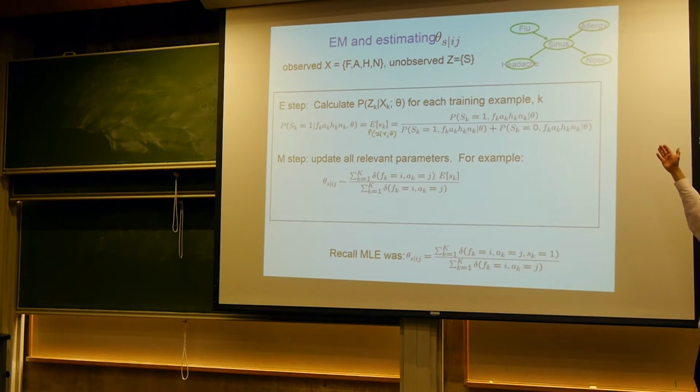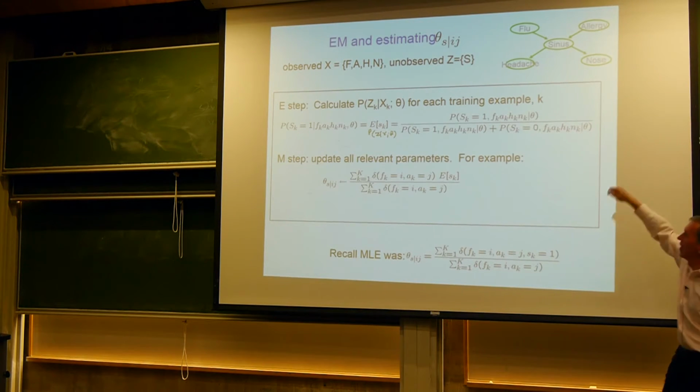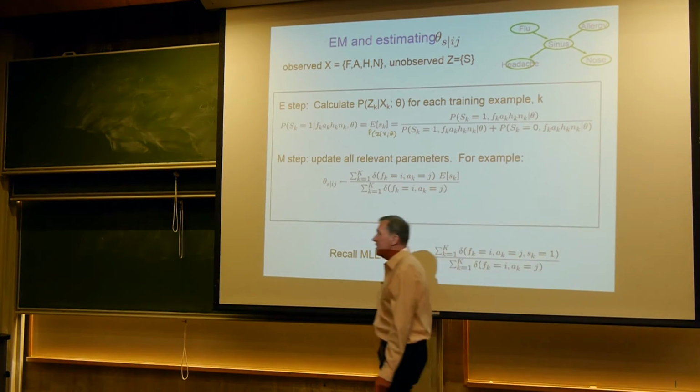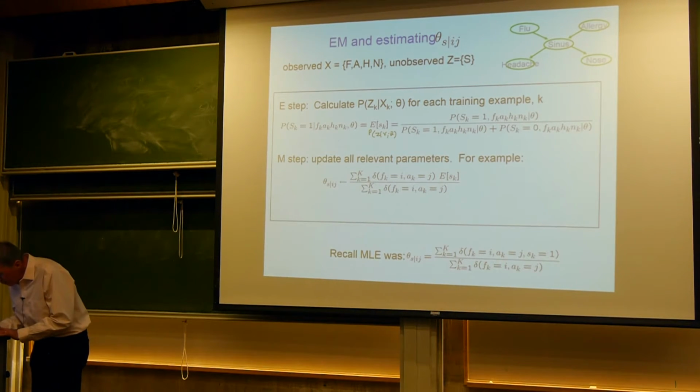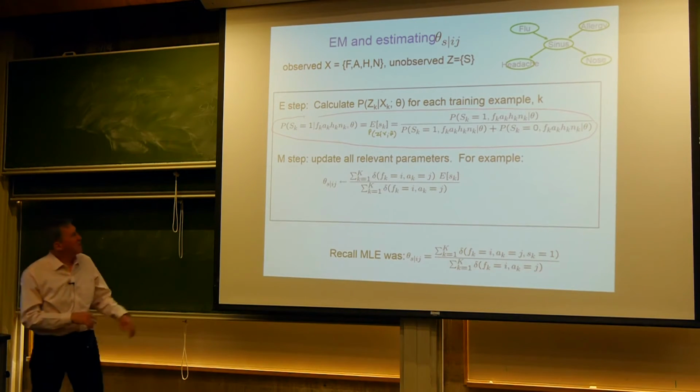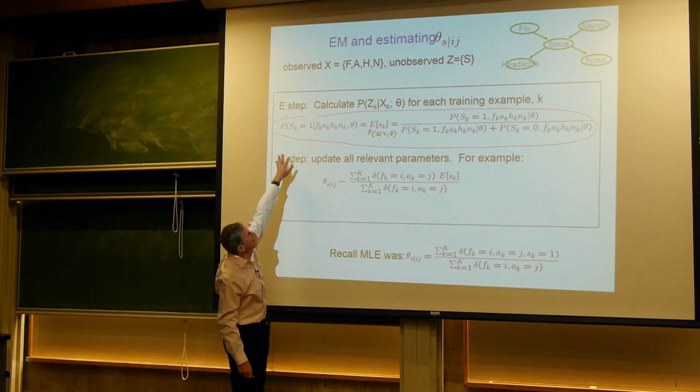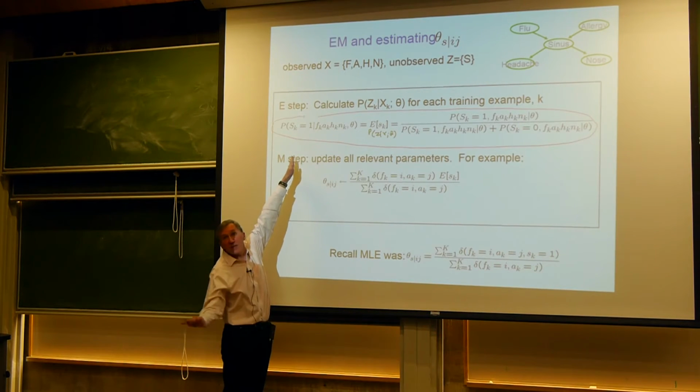So in this case, if S is our unobserved variable, then it's pretty straightforward. On the E step, what we're going to do is what we already talked about. That is, we want to get the probability distribution over our unobserved variables, which is just S.